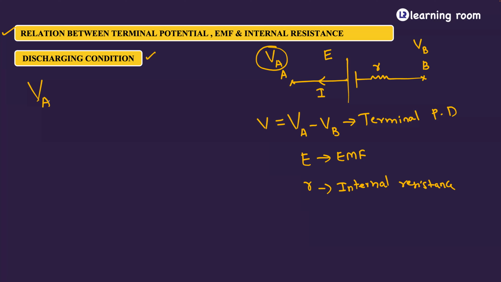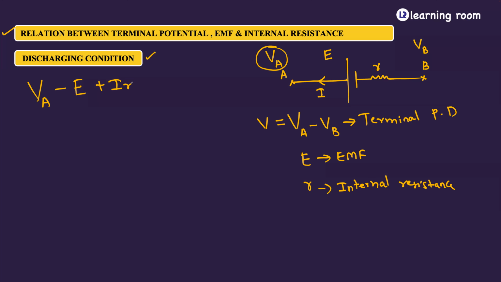Then I am walking across the cell, so across the cell I'm walking from higher to lower potential, meaning I will lose my energy by E. And when I walk across this resistor, I will gain some energy of I into R. Why is it so? Because I'm walking in the direction opposite to current.